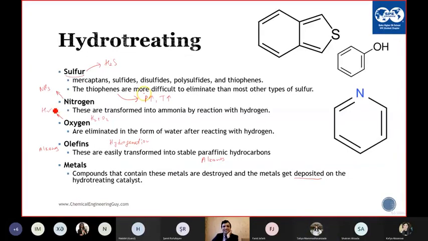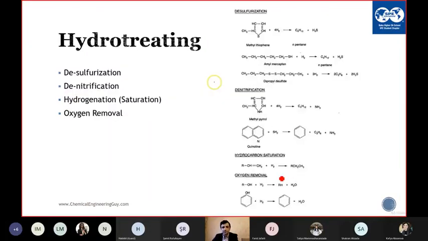Yes. So sulfur, nitrogen, and oxygen are converted to H2S, NH3, and water. Olefins, so we have the hydrogenation reactions. Olefins are converted to paraffins, and metals deposit on the catalyst. So we have the desulfurization reaction, we have the denitrification reaction, we have the hydrogenation reaction, and we have the oxygen removal. These are the list of the reactions.